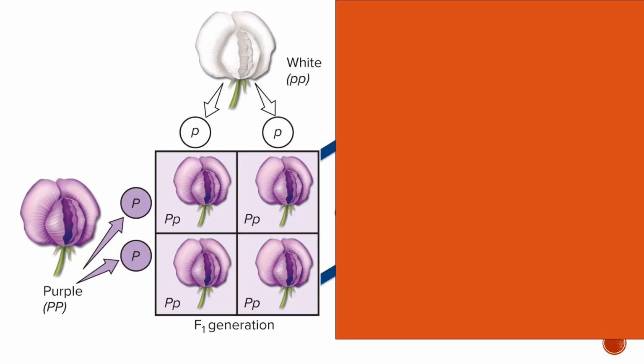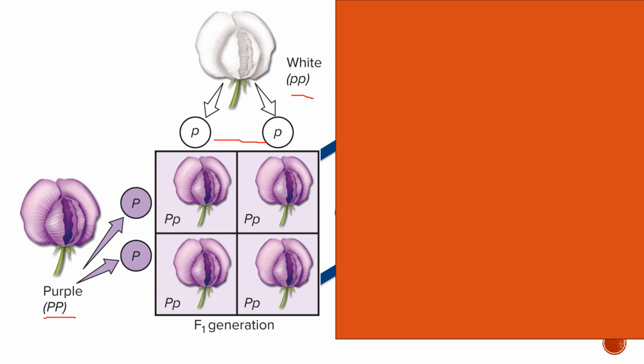All right, and this is just showing another example here in Snapdragons, looking at another trait. So again, they're still using P, in this case for purple, because purple color is dominant to white. So in order for this flower to be white, it's recessive, so they would have to be homozygous recessive to see this trait.